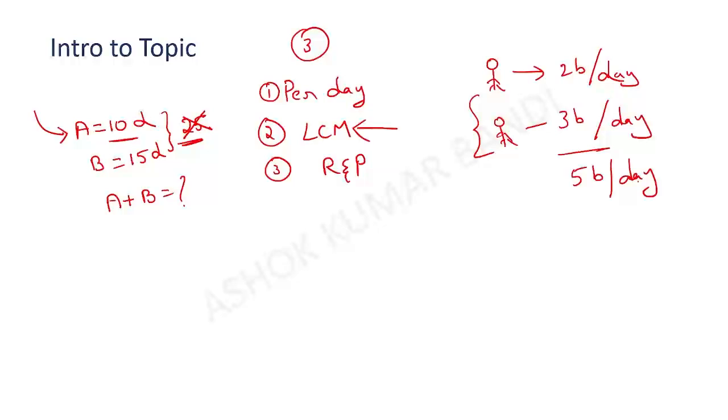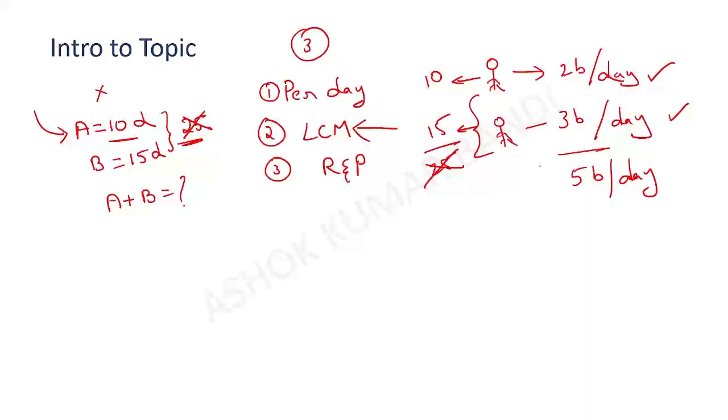That means my speed is two benches per day, and my friend's speed is three benches per day. So if we are working together, we can add our speeds, two benches per day and three benches per day. The sum is going to be five benches per day. But you can't add the times. See here, my friend will take 10 days and I will take 15 days. If we are working together, it can't be 25 days. So you can add the speeds but not the time.